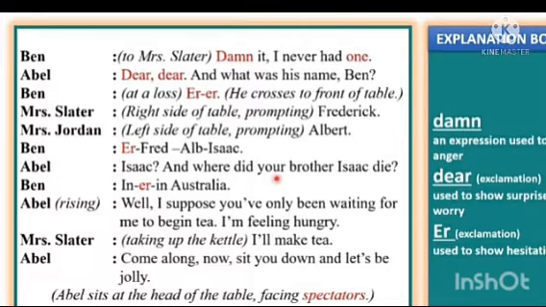Mrs. Jordan, left side of the table, prompting: Albert. Ben: Fred or Isaac. Abel: Isaac. And where did your brother Isaac die? Ben: In Australia.